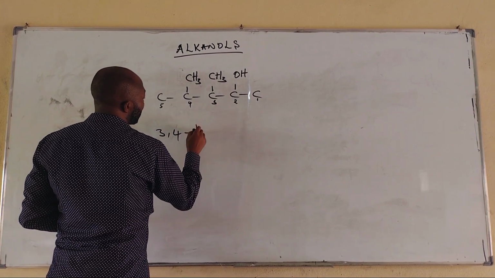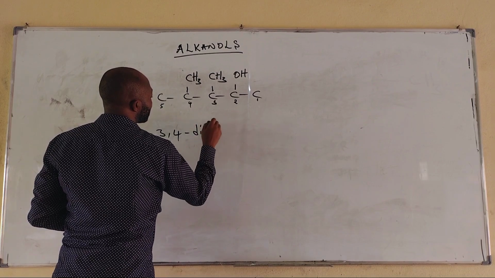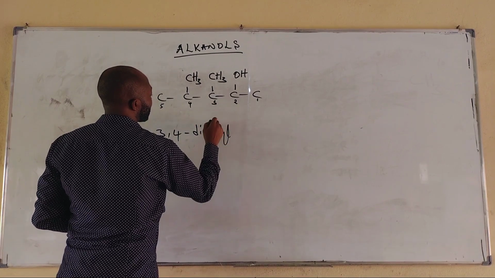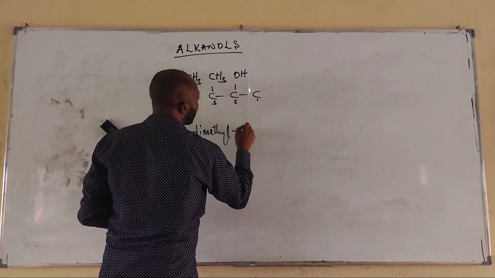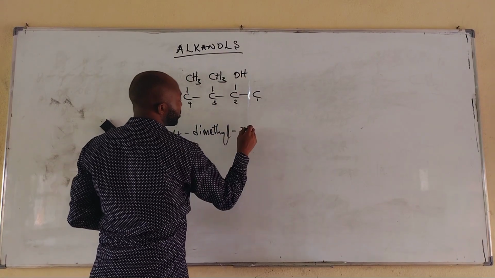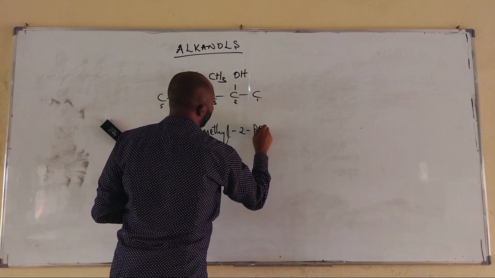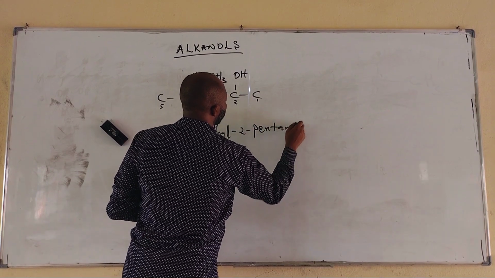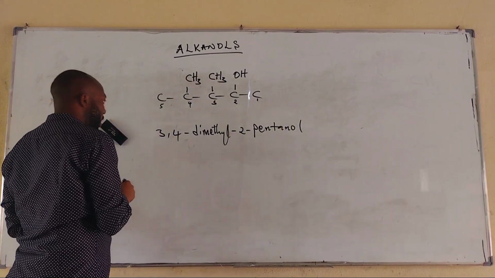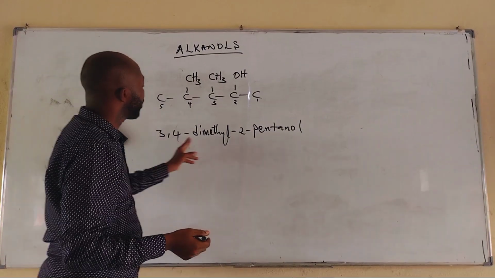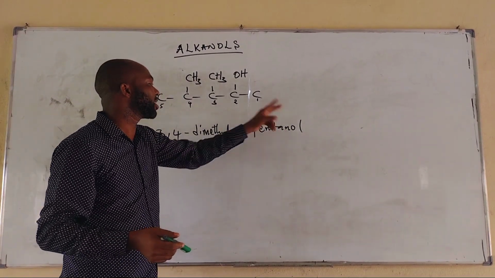3,4-dimethyl, the OH is in position 2, pentanol. Or 3,4-dimethylpentan-2-ol.